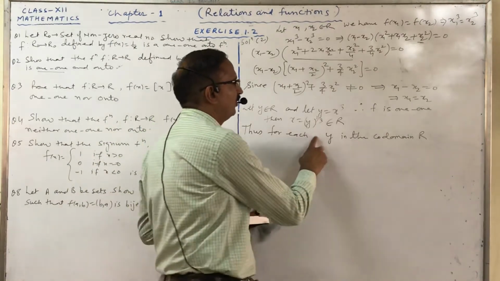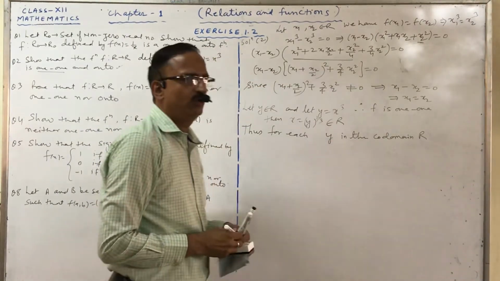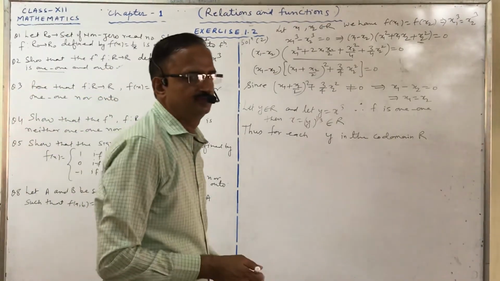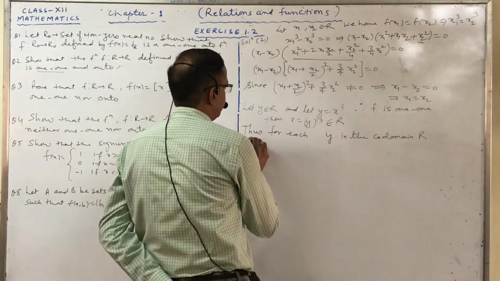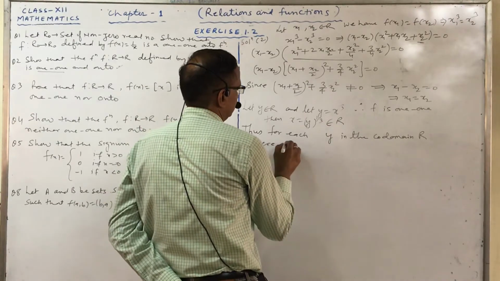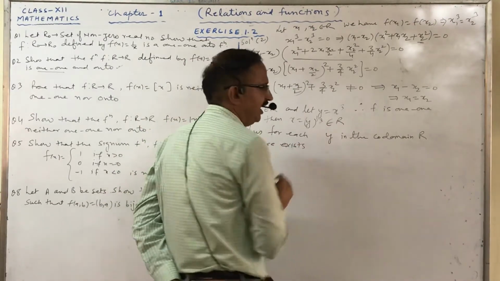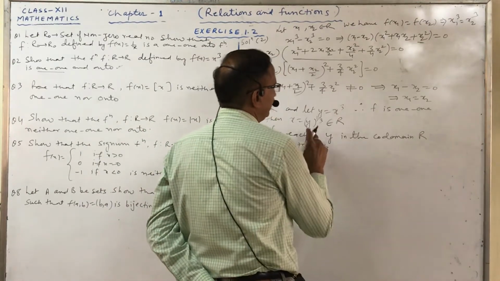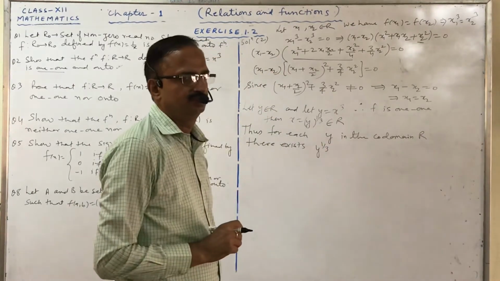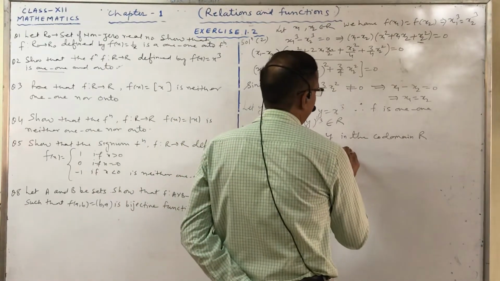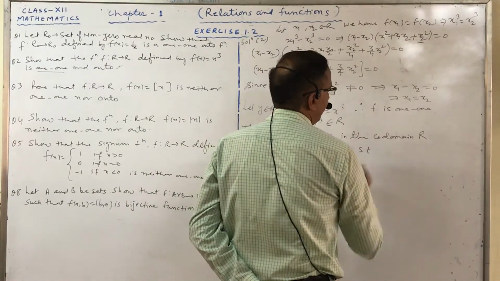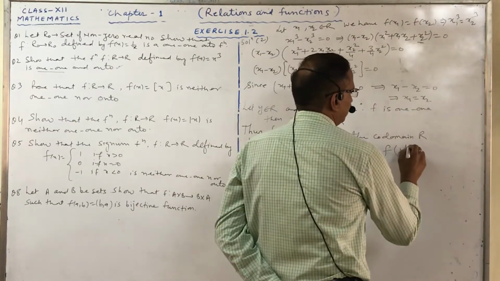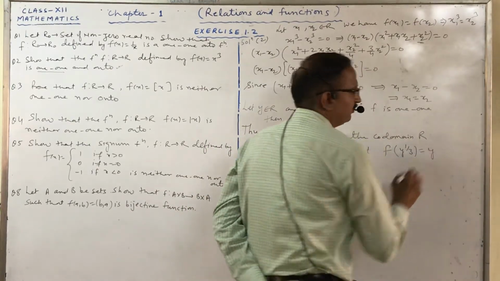So, for every y in the codomain R, there exists y raised to 1 by 3, this one, in R such that f of this equals to y.